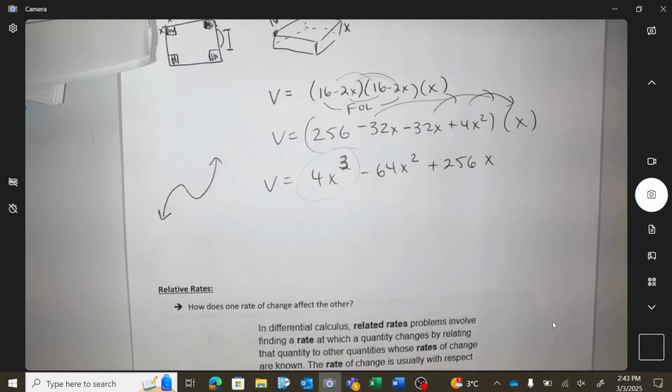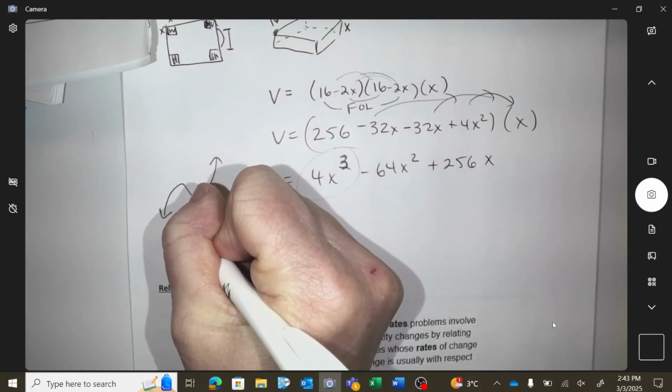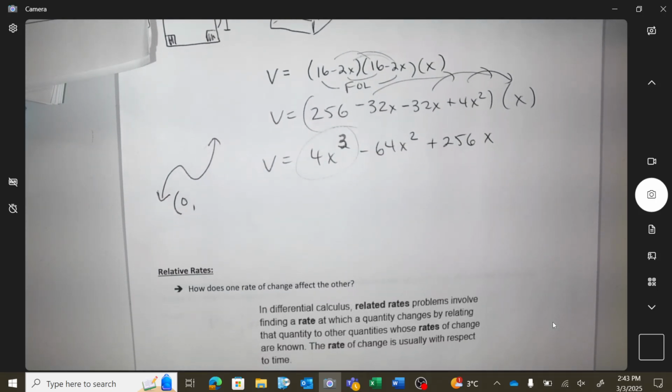What's the domain of this? What's the smallest amount of x? X is the cutoff piece. What's the shortest we could cut off? Approaching 0. You can't cut off 0 and make a box, but you could do any little bit.